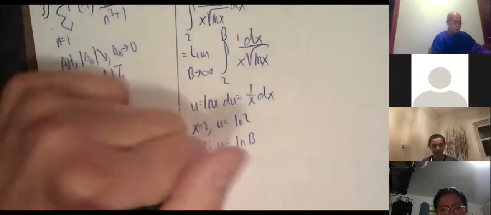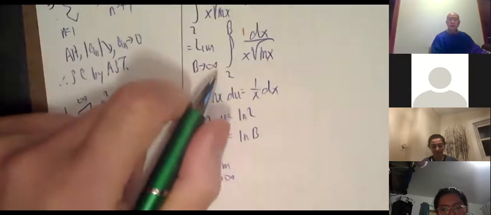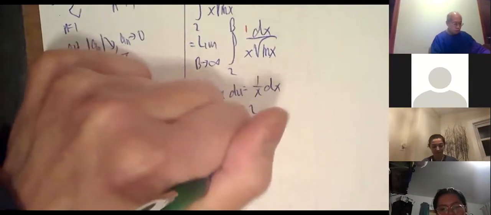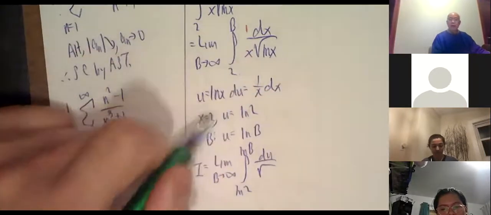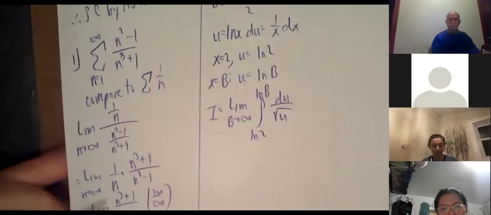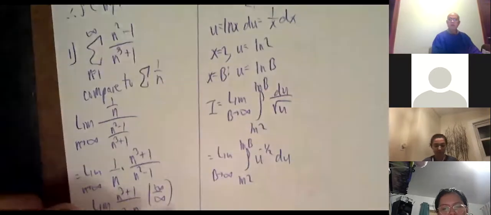So the integral becomes the limit as b approaches infinity, and I'm now going to integrate from ln 2 to ln b. 1 over x dx is du, over radical ln x, which is now radical u. So the limit as b approaches infinity of the integral from ln 2 to ln b of u to the negative one half du.